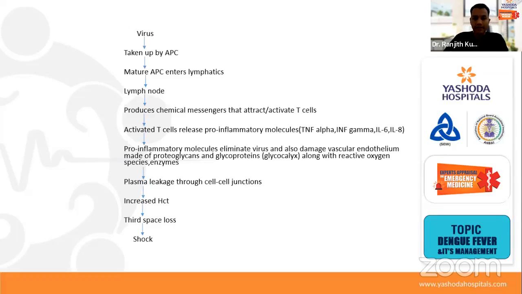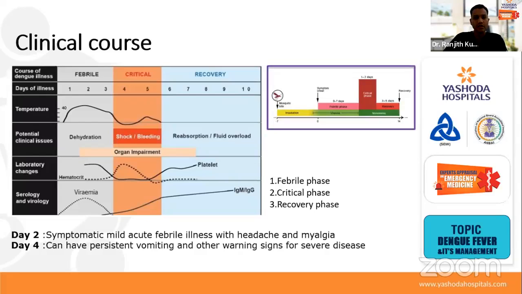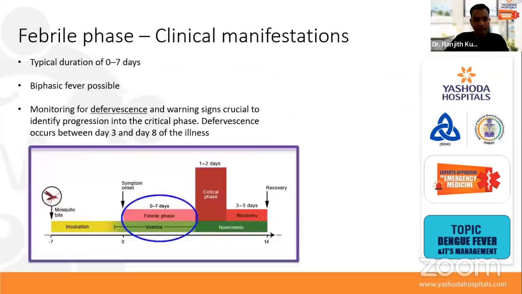Ultimately this results in plasma leakage through cell-cell junctions, which leads to loss of plasma, increased hematocrit, third space loss, and shock. The clinical course of dengue is usually in 3 phases: a febrile phase, a critical phase, and a recovery phase. The febrile phase is usually up to 7 days, the critical phase is 24 to 48 hours, and the recovery phase lasts between 3 to 5 days.